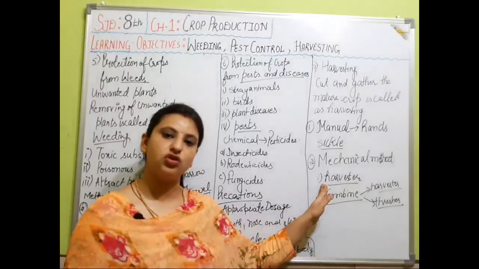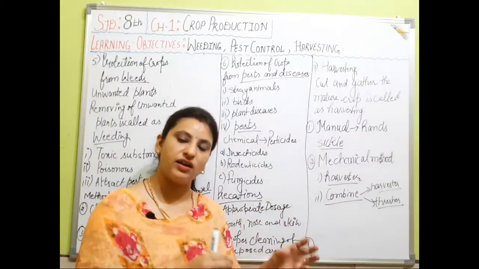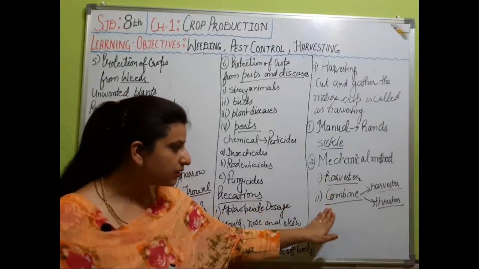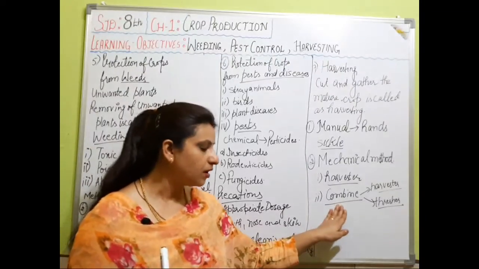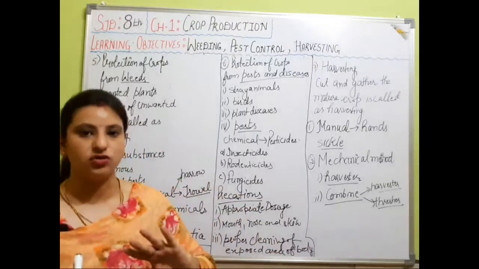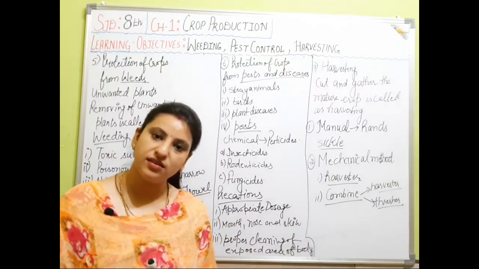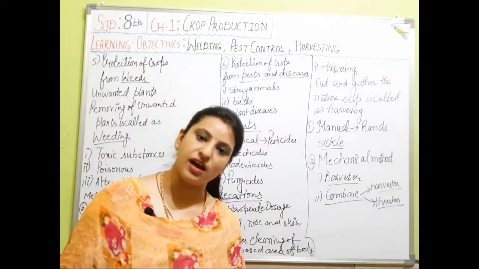This harvester is also used to collect a number of large bundles, and those bundles are again dried in the sun. And the last mechanical method is the most frequently used machine, the combine, and the combine does both things, harvesting and threshing. So at the same time the crop plants are cut in the field, and at the same time we have the grains in our hand.